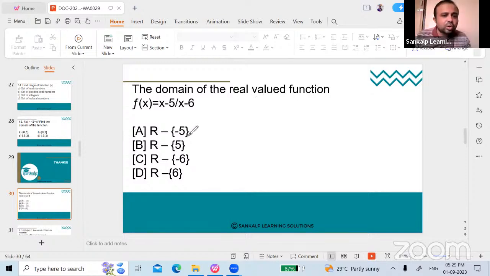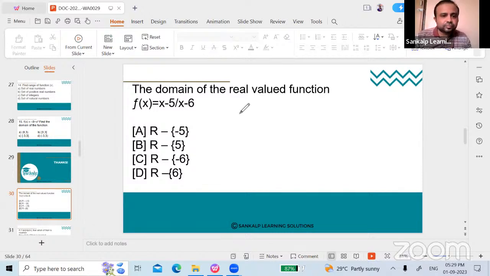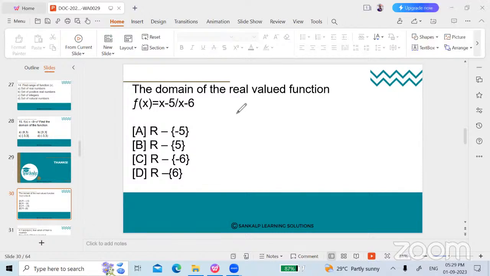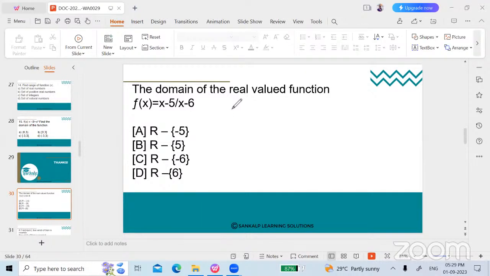R minus 5. Yes, sir. How? What did you start with? f of x is equal to x minus 5, sir. We are defining it with 5 and 6 in brackets, sir.